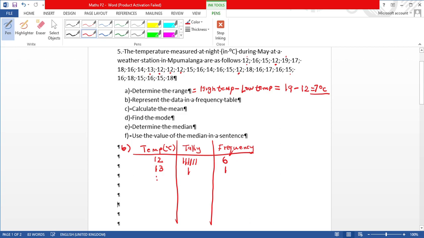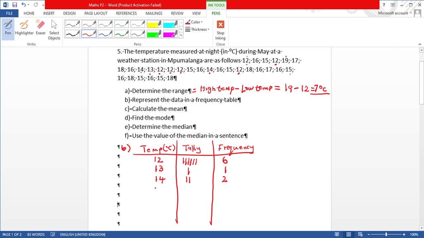Then the next number is 14, which follows after 13. How many 14s have we got? We've got 1, 2, just two 14s. So if you're going to tally that, it's just 2 marks. You're going to write a frequency of 2.